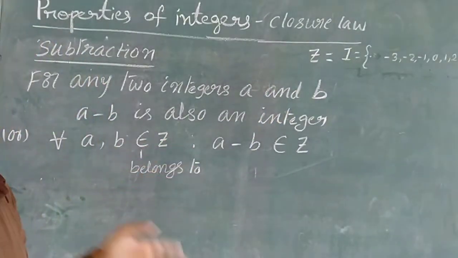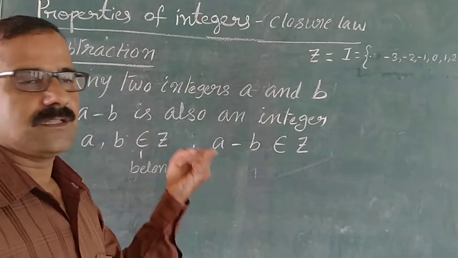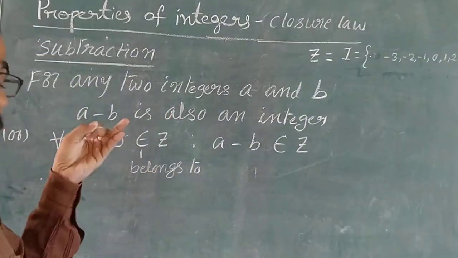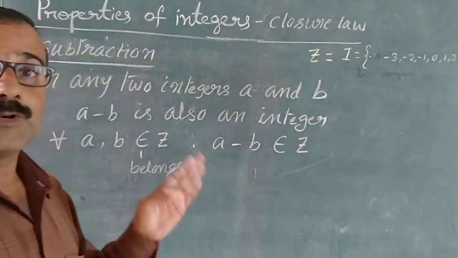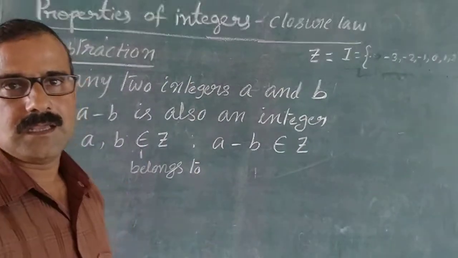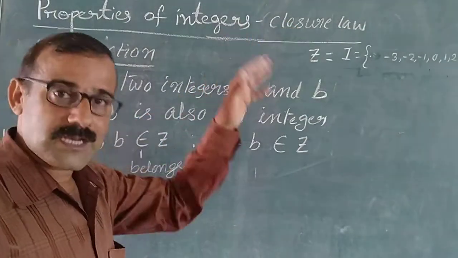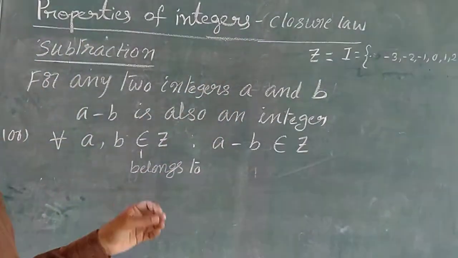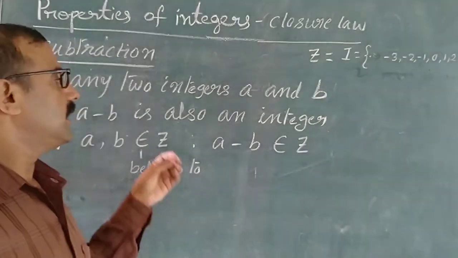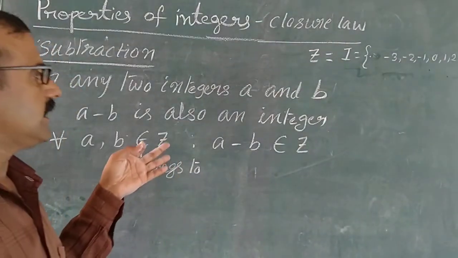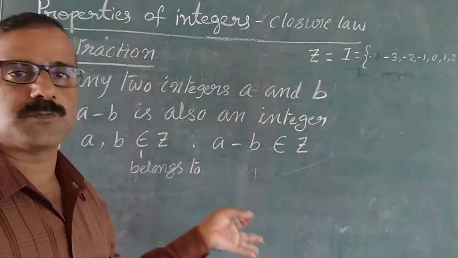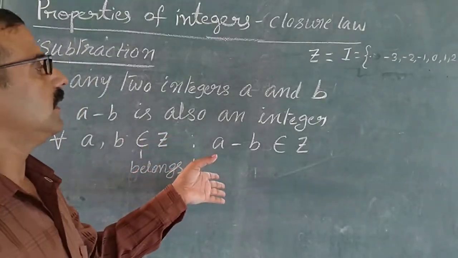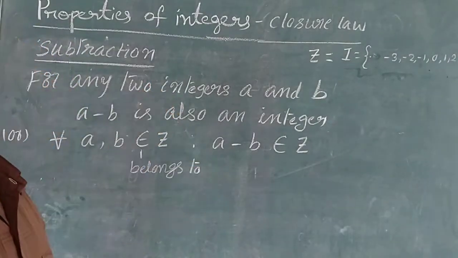You know the 4 fundamental operations, children. First addition, next subtraction, next we will move to multiplication, next division, for closure law. According to closure law, we check whether addition is possible or not, subtraction is possible or not, multiplication is possible or not, division is possible or not, by using integers.